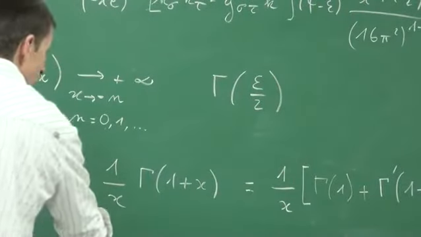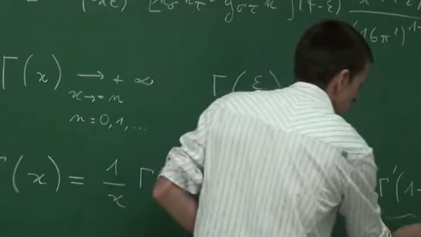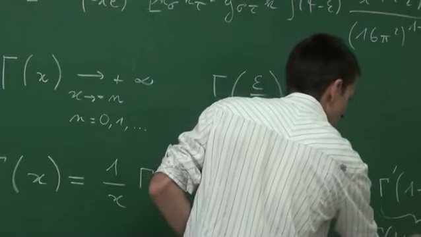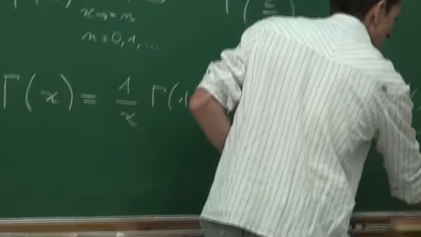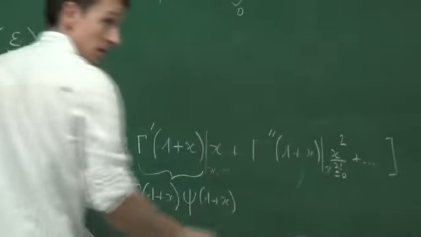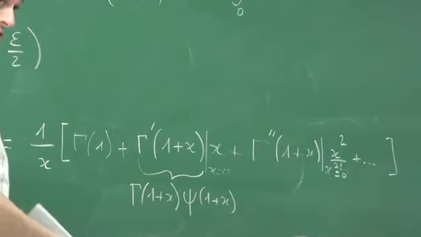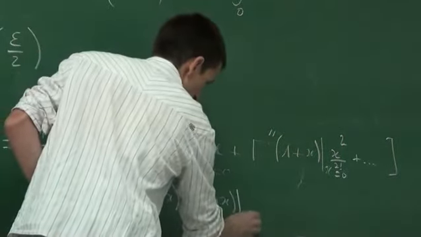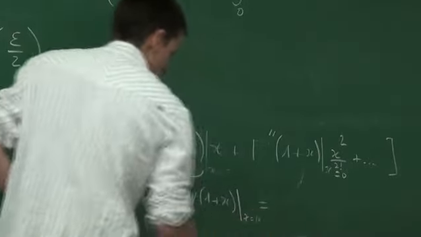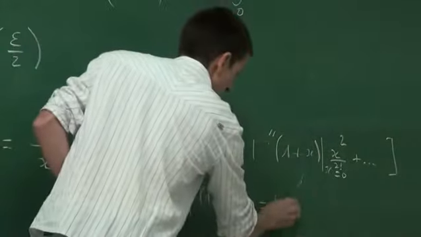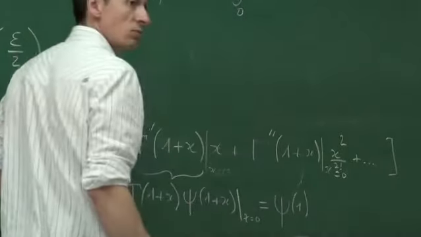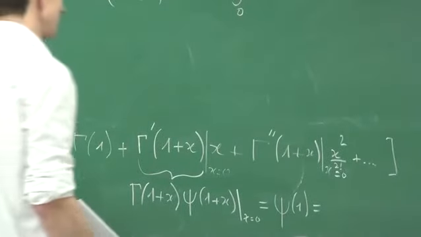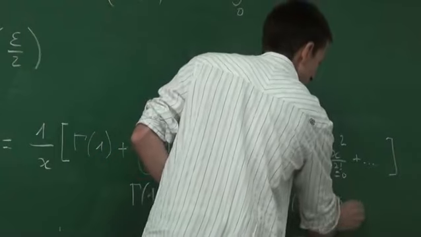So this in fact is gamma 1 plus x times psi 1 plus x, where psi is the polygamma function, digamma function, polygamma of order 0, taken at 0. So this gives C1, which is minus gamma Euler.